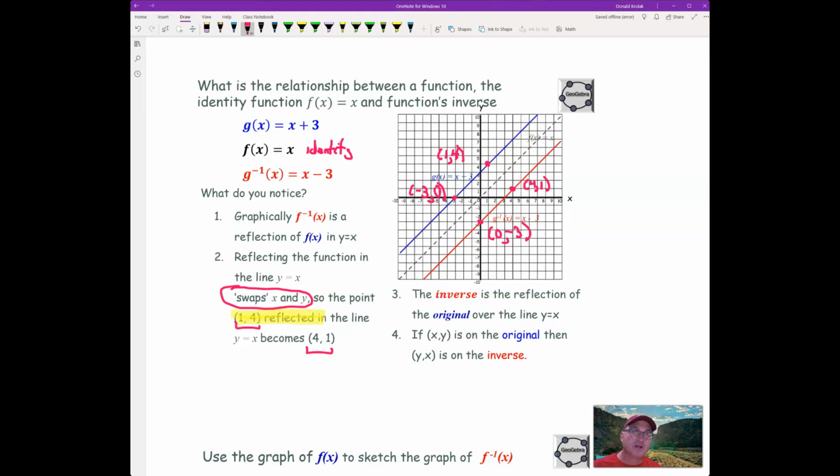So earlier in the lesson, the question at the very beginning was, what's the relationship between an inverse and the identity function? Well, the inverse is the reflection of the original over the identity function.